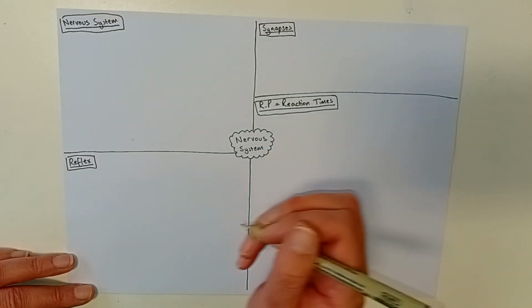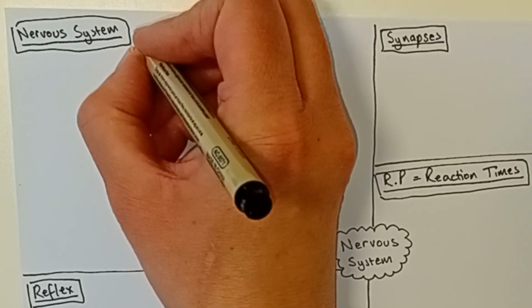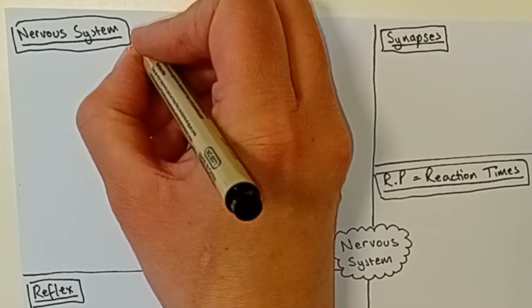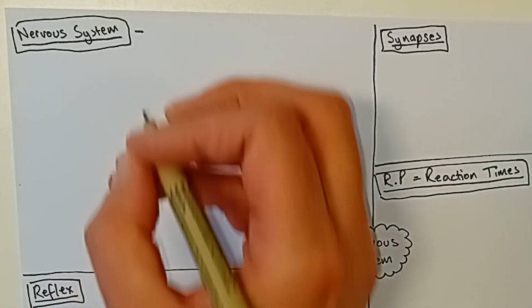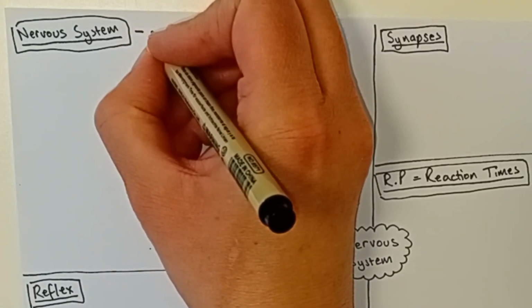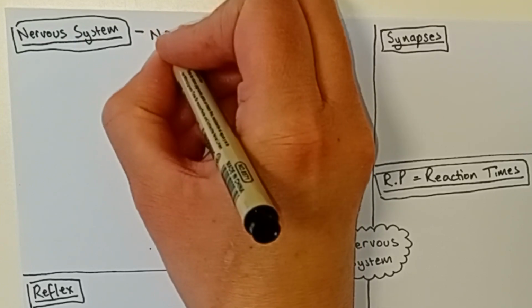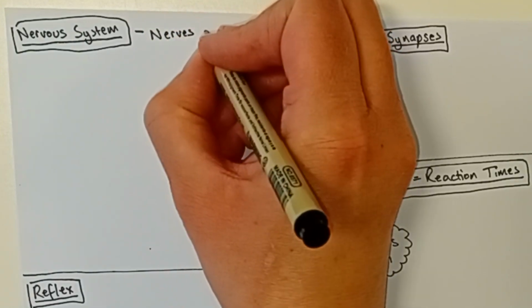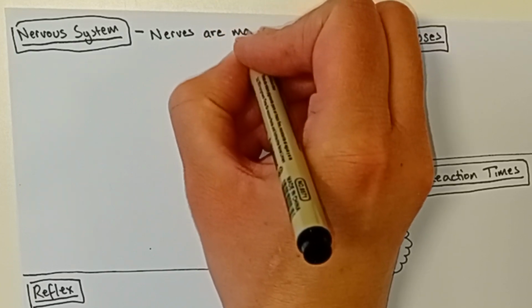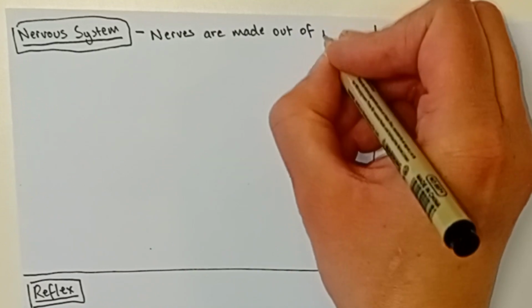So we're going to start then with our nervous system. And it's worth saying that the nervous system, as the name suggests, are made out of cells called neurons that can carry electrical impulses. So nerves are made out of neurons.